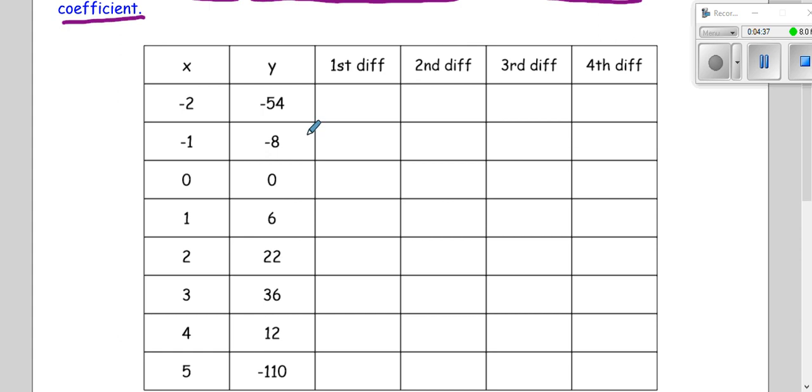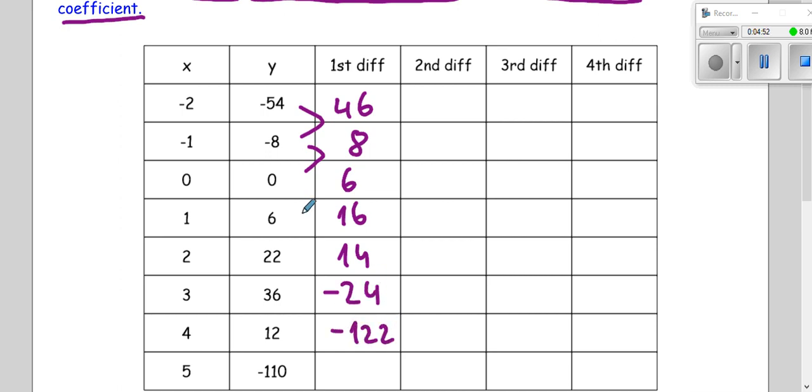So I have a few values here that I can enter. The first differences are 46, 8, 6, 16, 14, negative 24, and negative 122. Obviously, we can see that these are not constant, so this is definitely not a linear function, and we proceed to calculate the second differences.